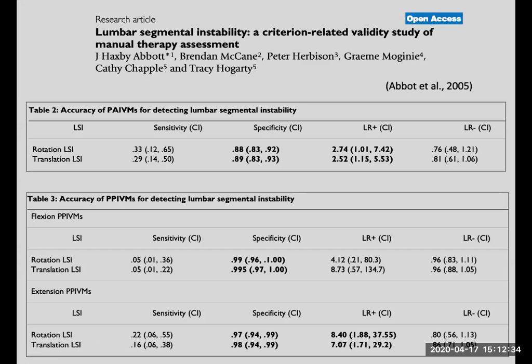So the utility of our PAIVMs might lie more so in our ability to determine if there's a problem at a segment, if it provokes the patient's symptoms when we do it. So these results would be suggestive of PIVMs being better for identifying hypermobility and PAIVMs for identifying pain and confirming a segment as being problematic.